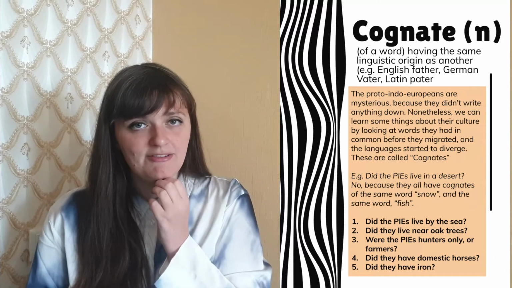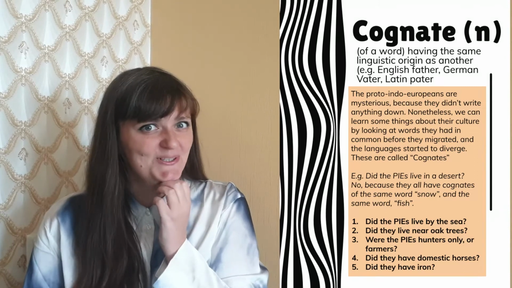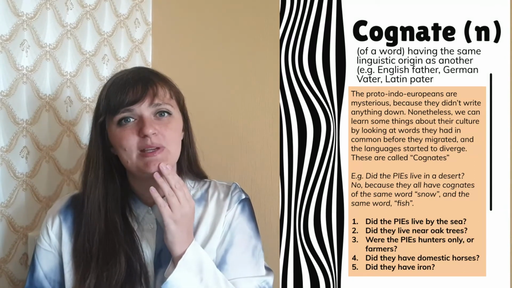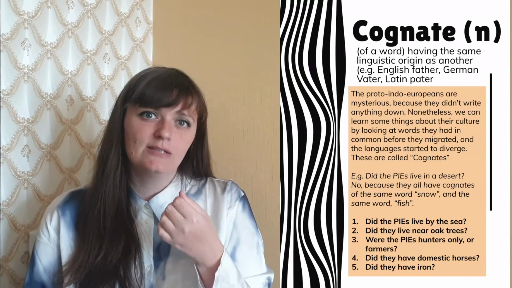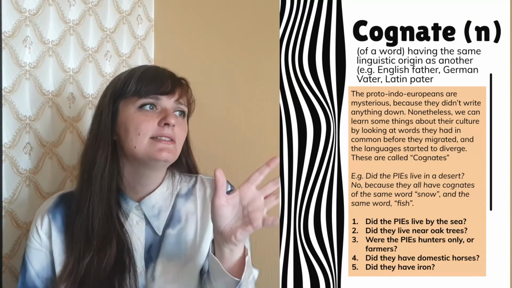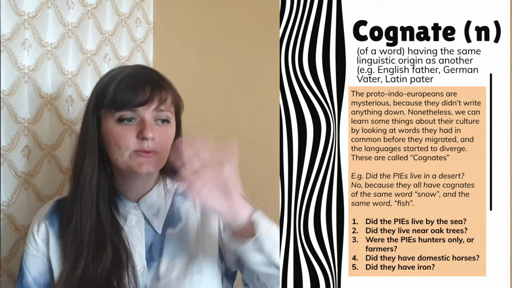Last one, did they have iron? Железо in Russian? No. We don't think that the Indo-Europeans had iron because they don't have the same name for it, right? Of course, there could have been some accident or maybe some slang that changed things and made the languages have different words.